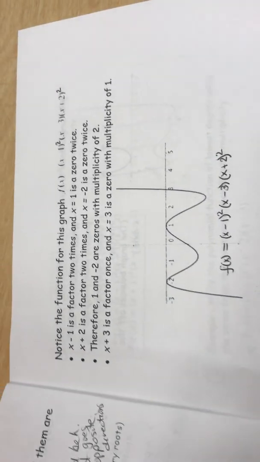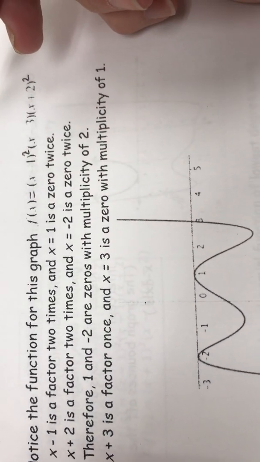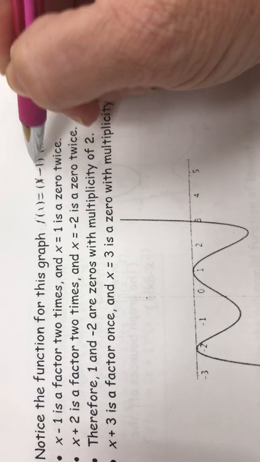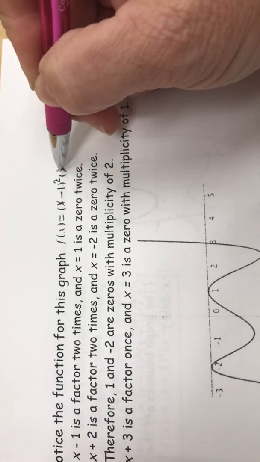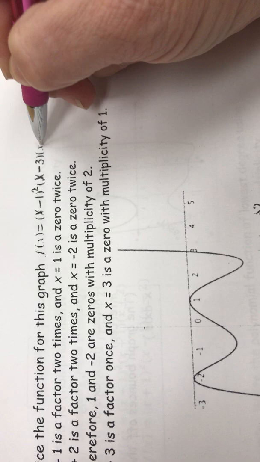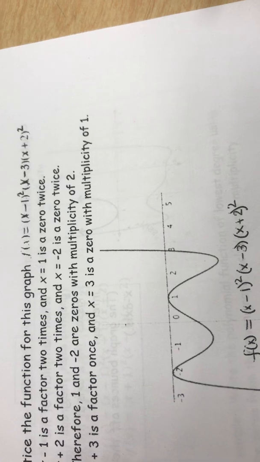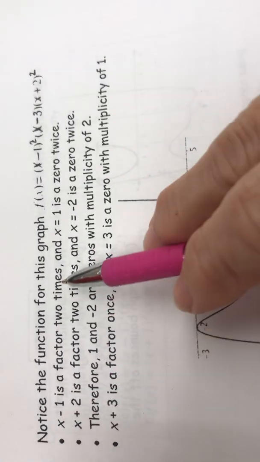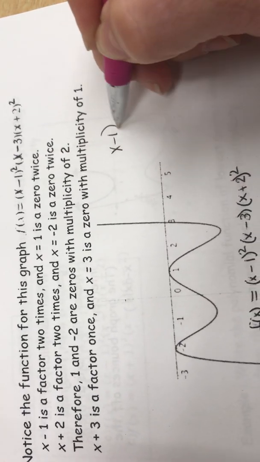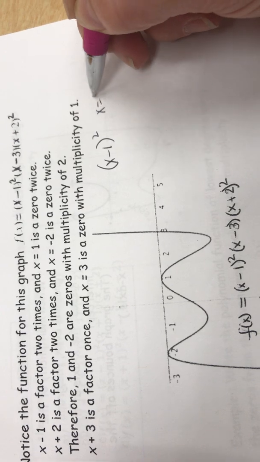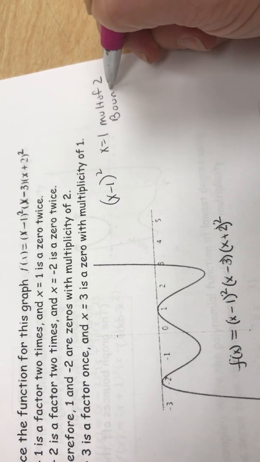Okay, next one. This printed extremely light, so f of x is equal to x minus 1 squared times x minus 3 times x plus 2 squared. So x minus 1 is a factor that counts twice because x minus 1 squared gives me x equals 1 with a multiplicity of 2, which means it's going to bounce.